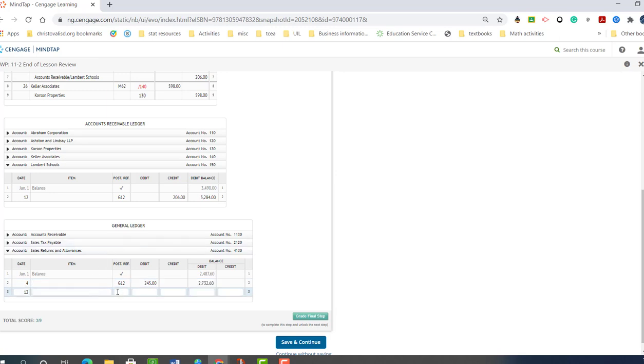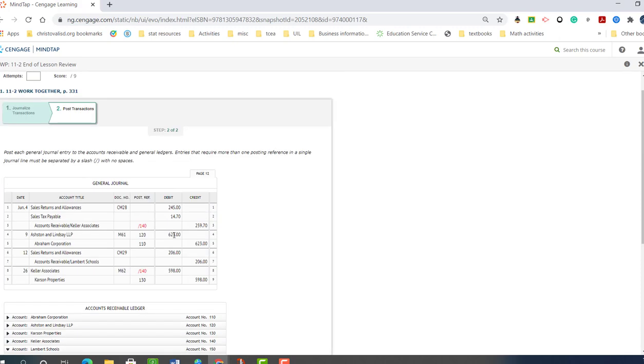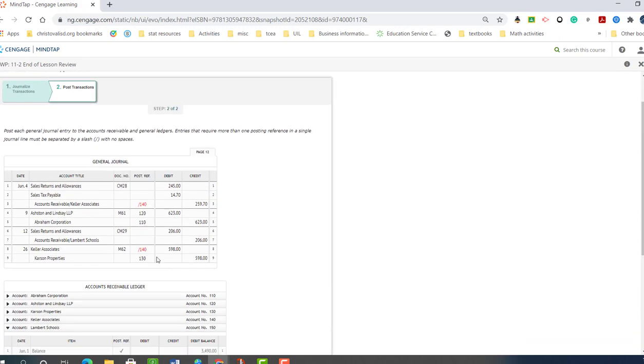And then on the 12th, again on that page 12, excuse me, that's a 206 debit amount, and so that brought our total to $2,938.60.